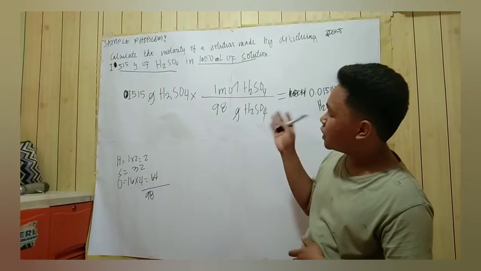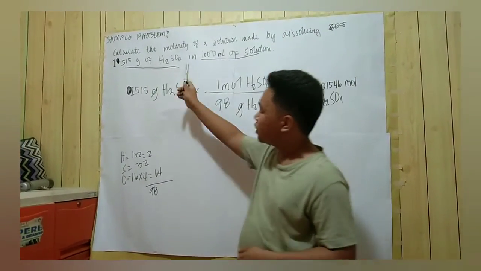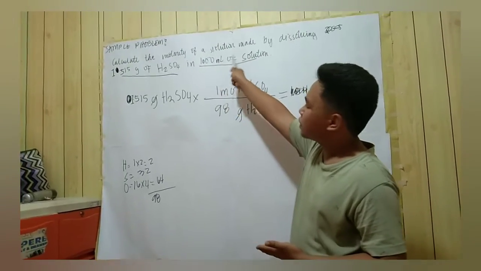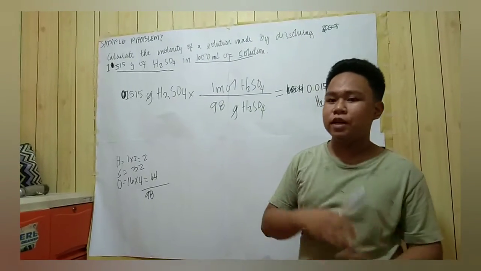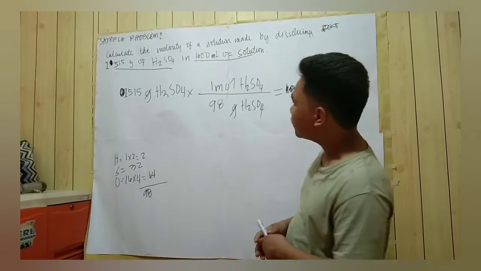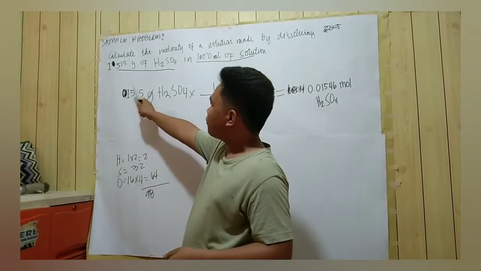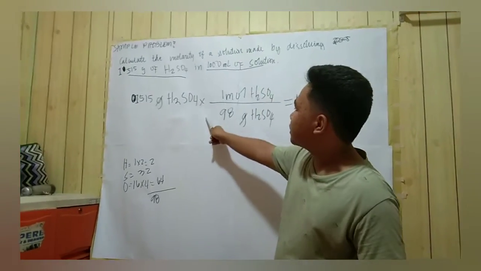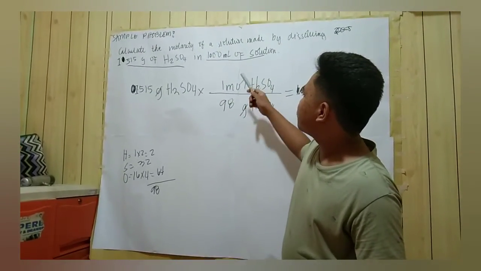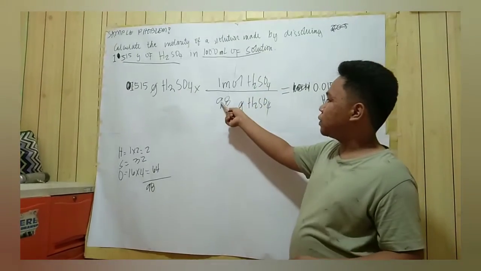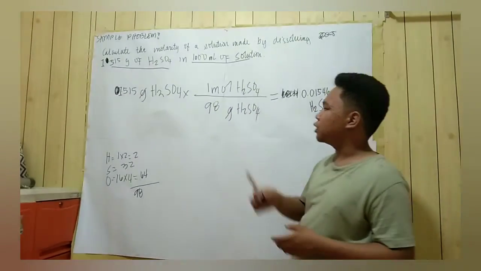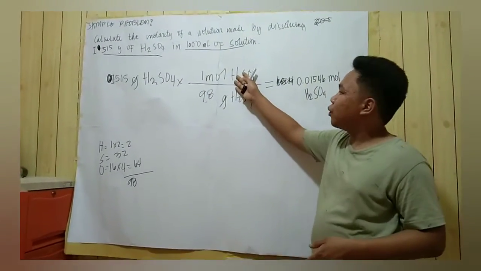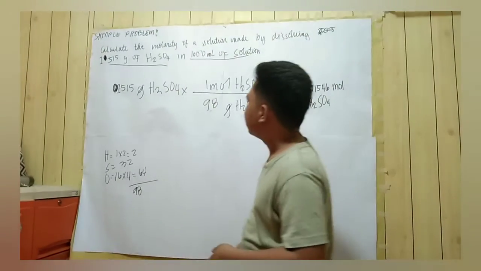As we can see, the given solute is in grams, so we have to convert that from grams into moles, and the volume of the solution is in milliliters, so we have to convert that to liters. 1.515 grams of sulfuric acid times 1 mole of sulfuric acid is equal to 98 grams of H2SO4. We get this 98 by adding the atomic weights.